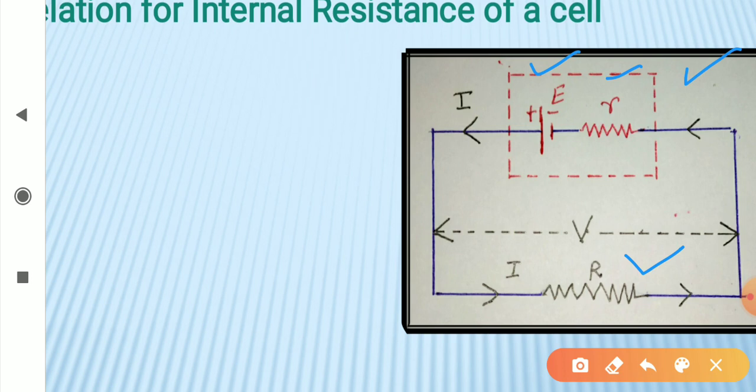Now you see, the potential difference across external resistance is I into R, Ohm's law that you know. And this V is also equal to potential difference between electrodes of the cell when this current is drawn from it, right?